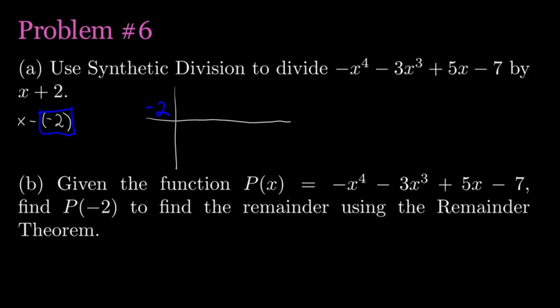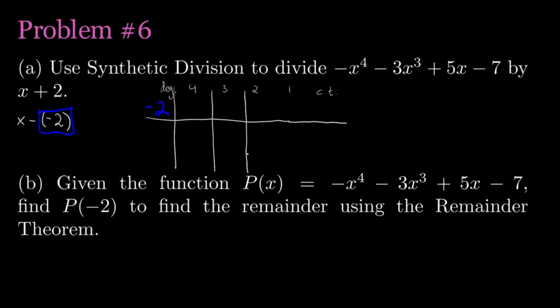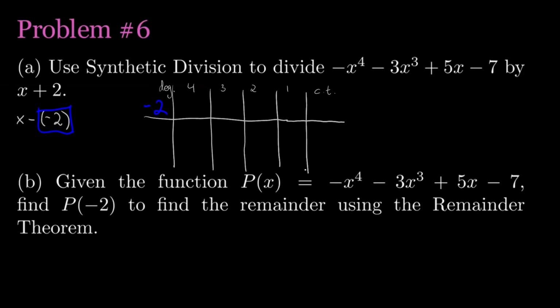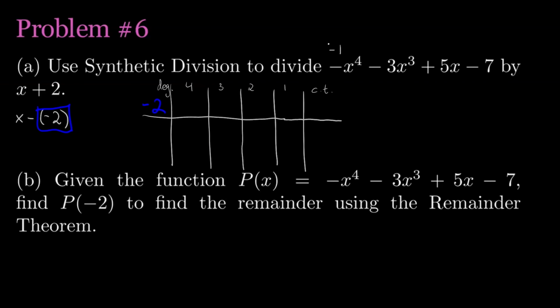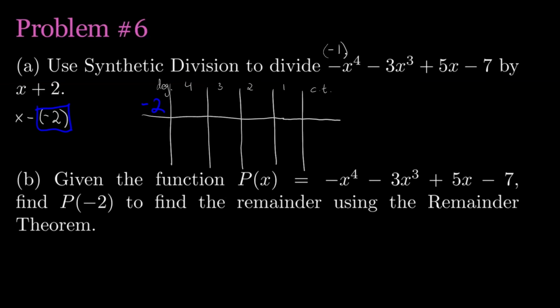We then observe that our dividend is of degree 4, but there is a missing term of degree 2. So I'm indicating my degrees to know where to put the missing 0. Negative x to the 4th really means negative 1 times x to the 4th.